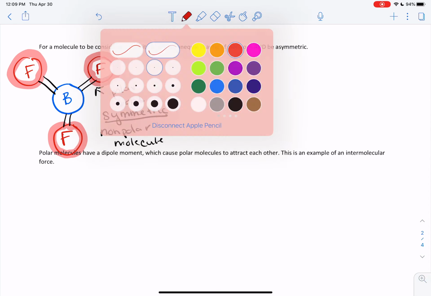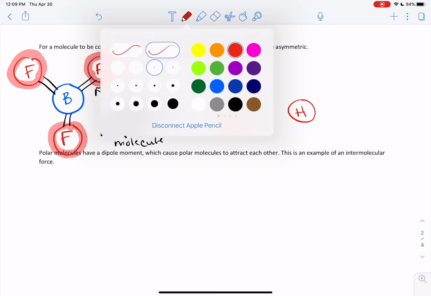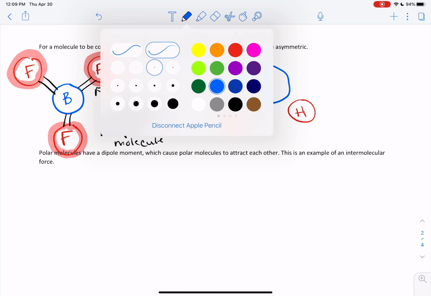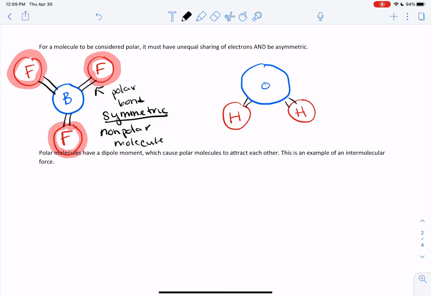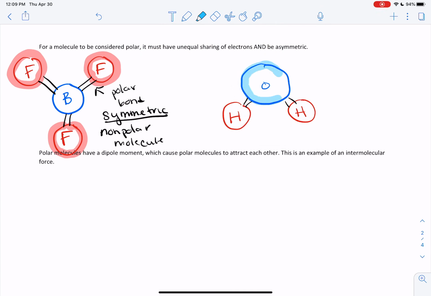However, if we have something like water, oxygen, we know, is more electronegative than hydrogen. So all the electrons are going to be in the middle, okay? And this is not symmetric. So there's more electrons up here than there are on the bottom of this molecule.